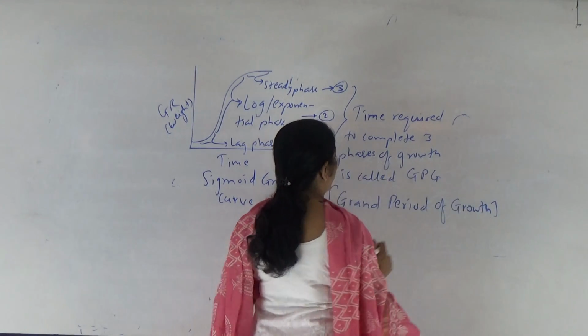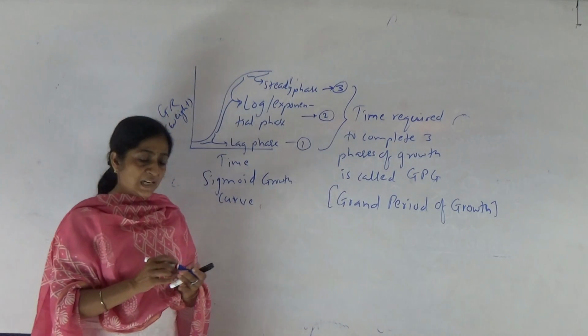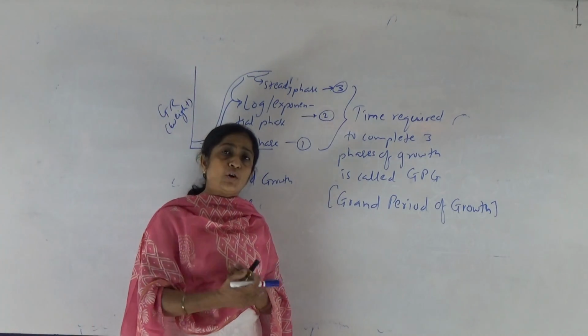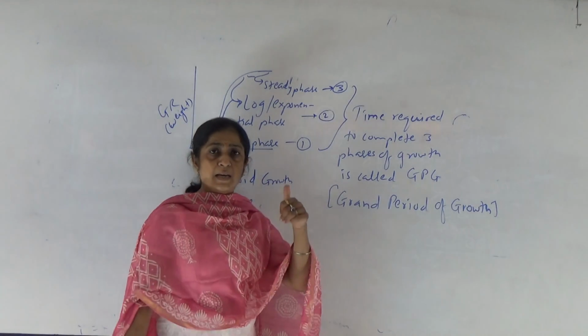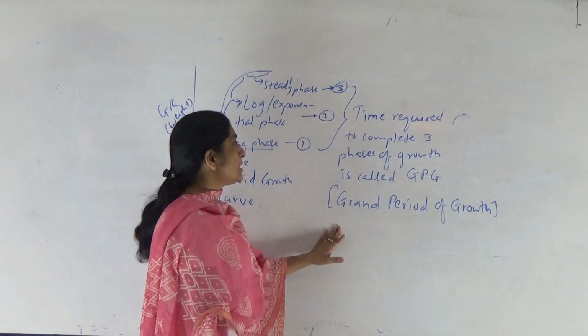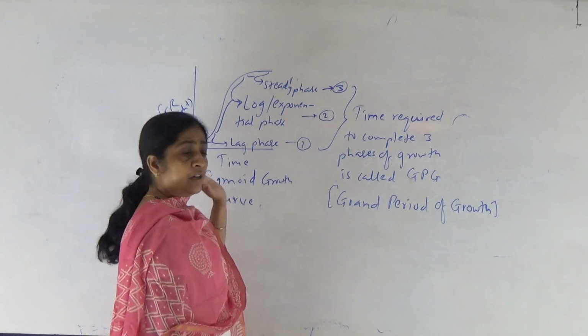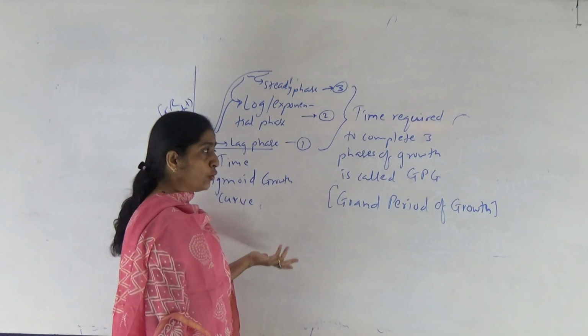Time required to complete the three phases of growth, that is lag phase, log phase and steady or stationary phase, is known as grand period of growth. Is it clear to everyone? Right? So this is about the different phases of growth, sigmoid growth curve, etc.